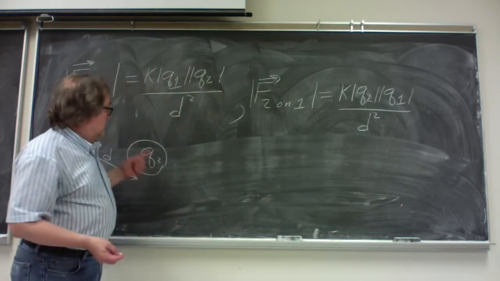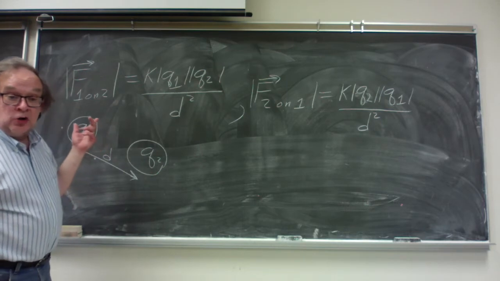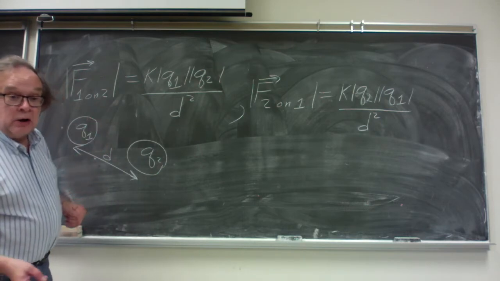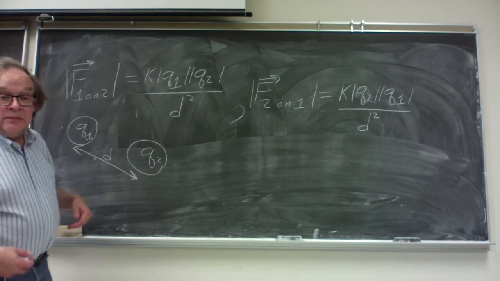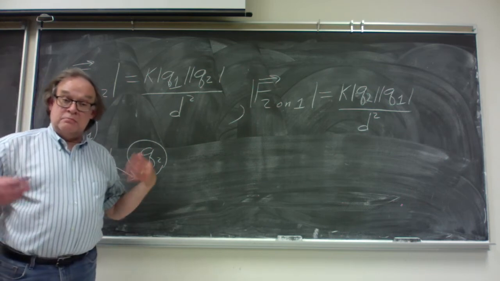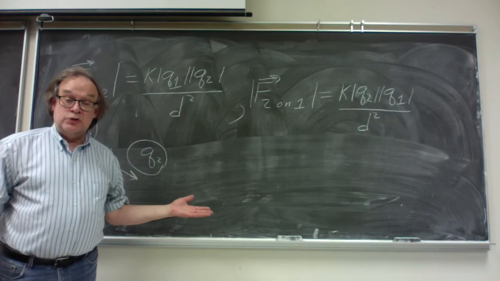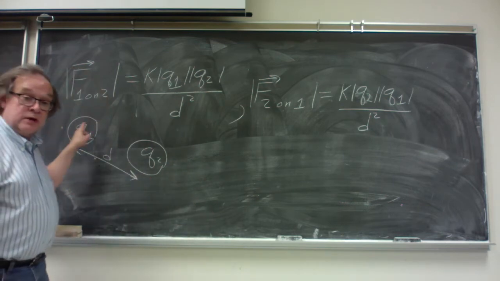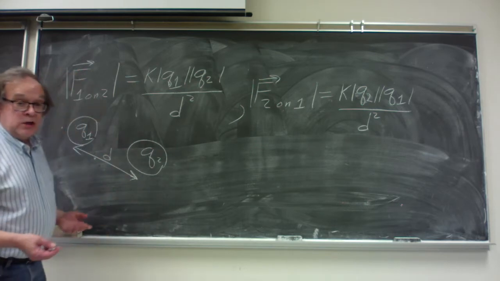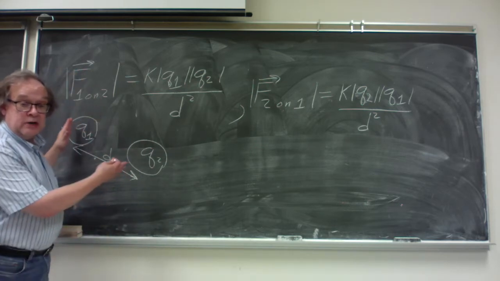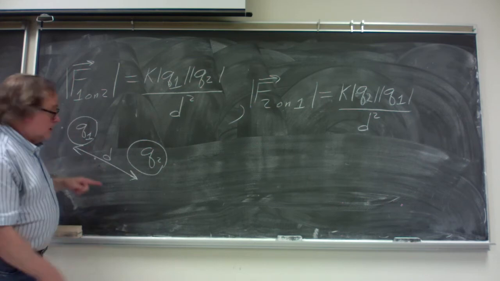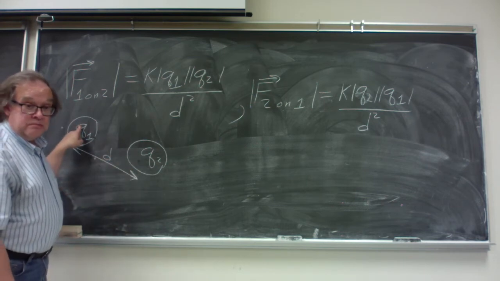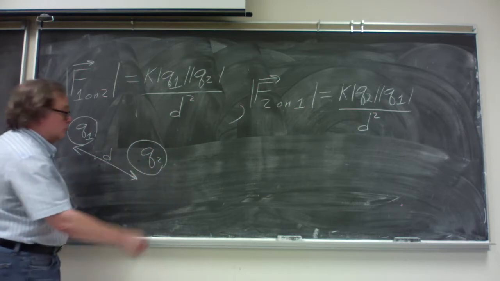So imagine here's two charged particles and they're a distance d meters apart, and let's say they both have the same type of charge. They're both positively charged or both negatively charged. So both have the same kind of charge, they repel each other. That means 2 feels a force from 1 pushing it straight away from 1.